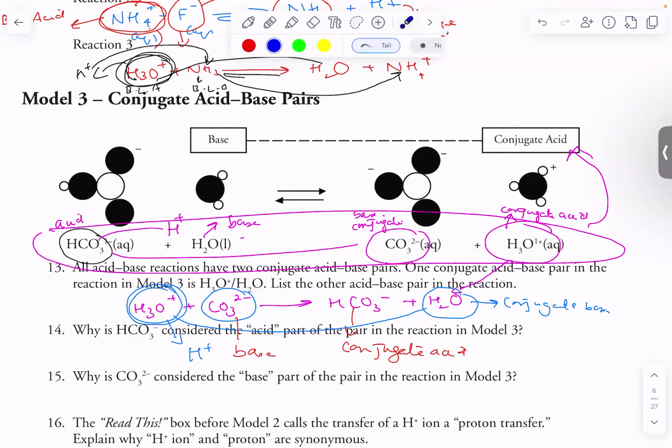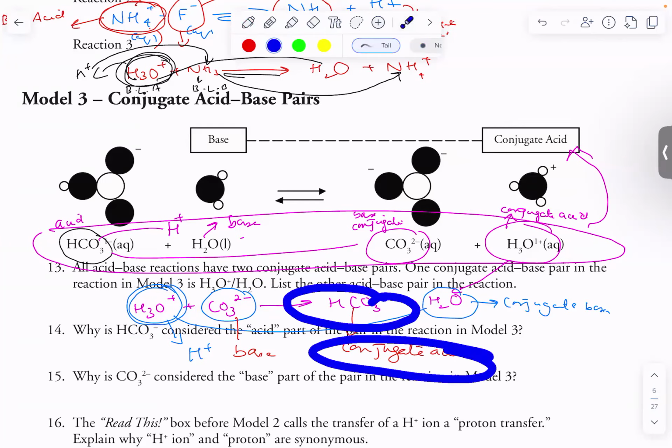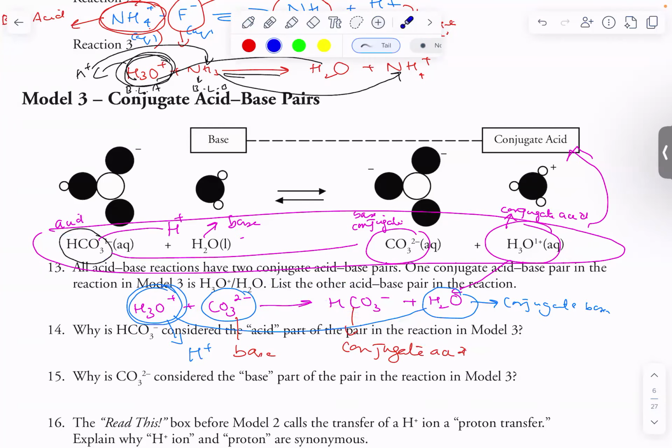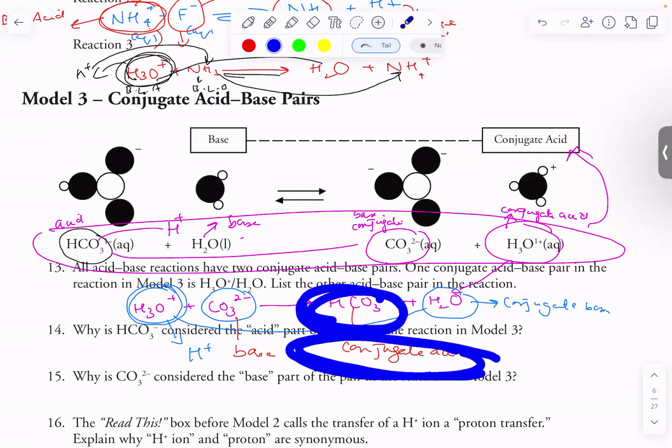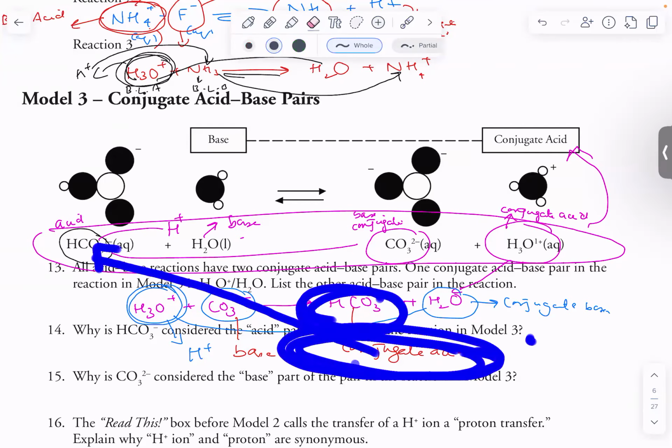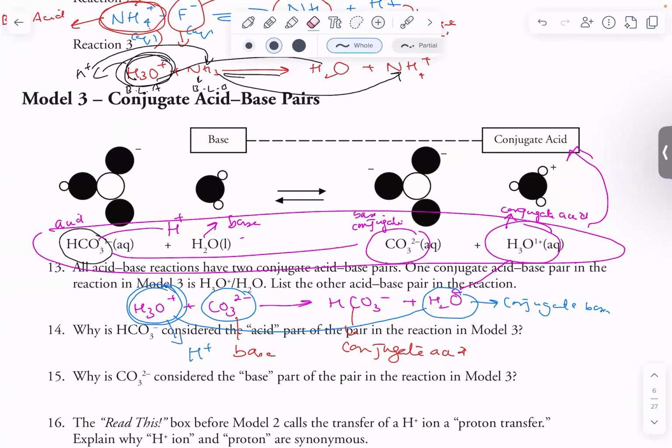So now check. This is a conjugate acid in this reaction, but in the previous reaction, it was only an acid. Okay, so it just depends on the order of the equation. Yes.